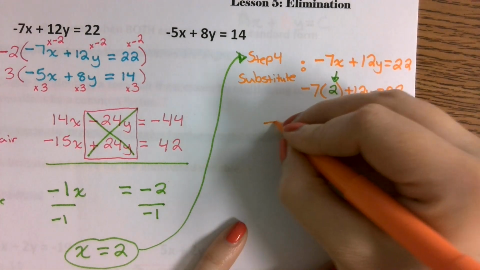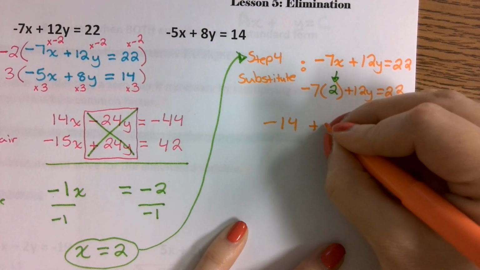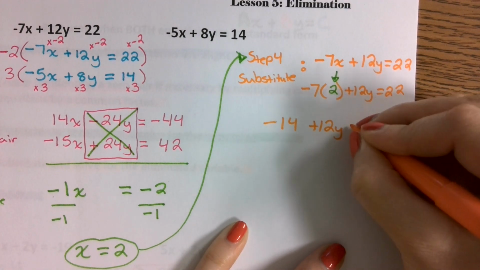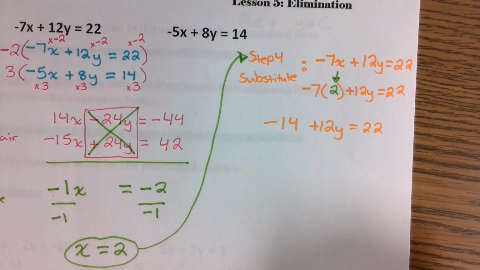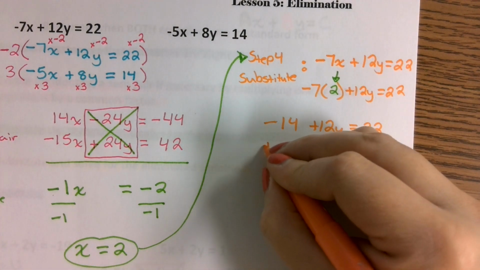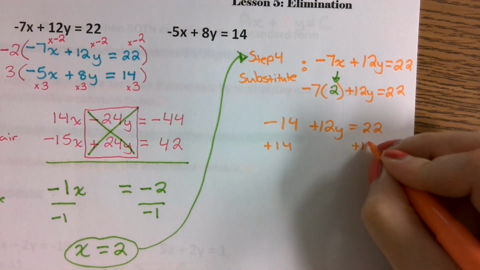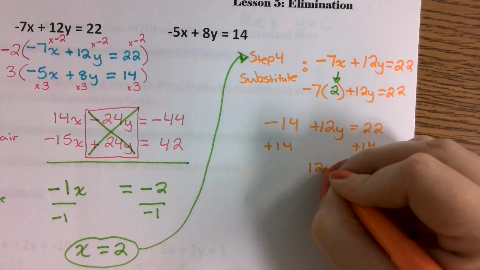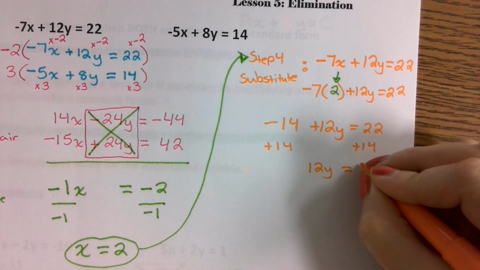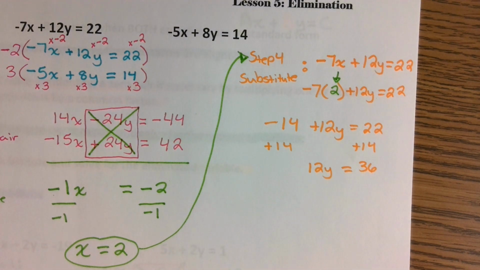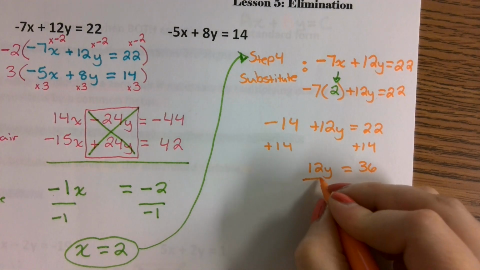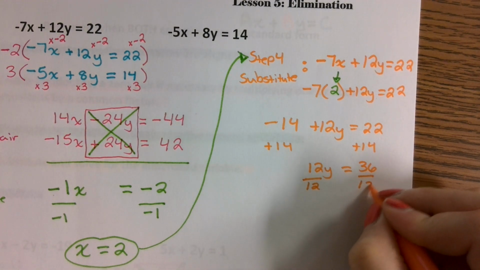Negative 7 times 2 is negative 14. So we get negative 14 plus 12y is equal to 22. I then add 14 to both sides. That gives me 12y is now equal to 36. My last step is to divide both sides by 12.